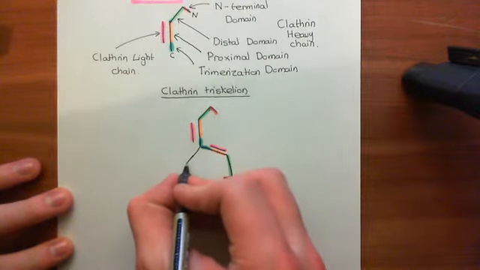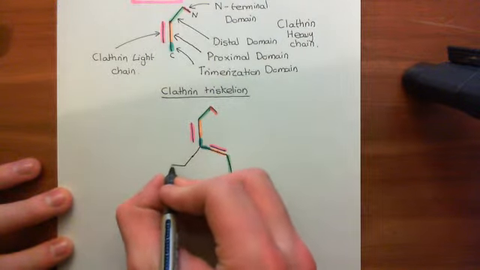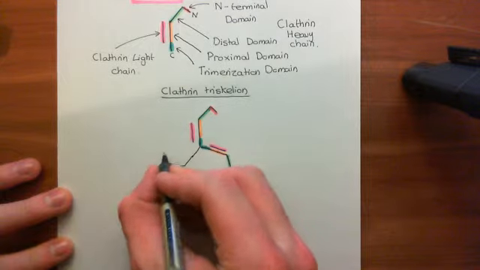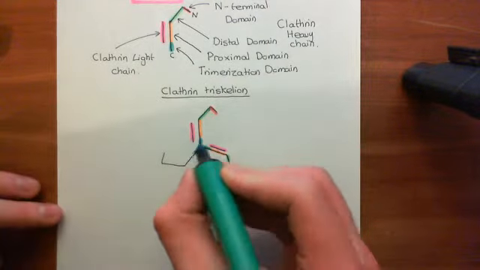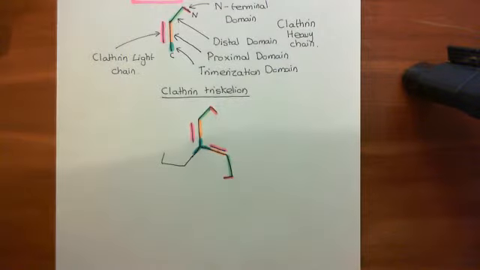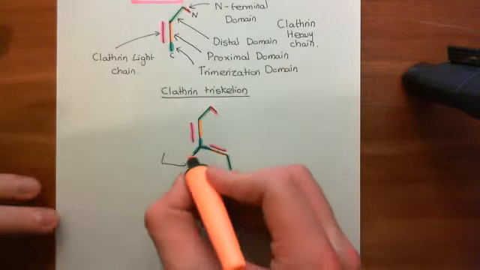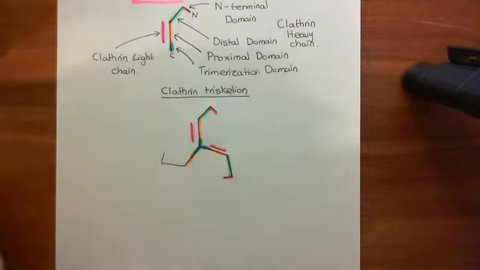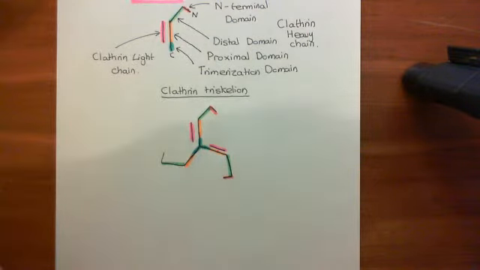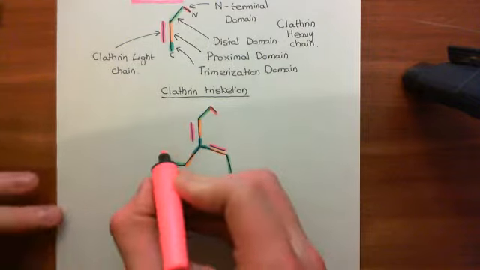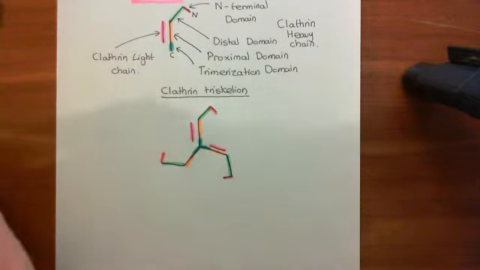Here is the trimerization domain, then the distal domain, and then the N-terminal domain. Once again, the trimerization domain there in turquoise, the proximal domain there in orange, the distal domain here in green, and then in red, here is our N-terminal domain.